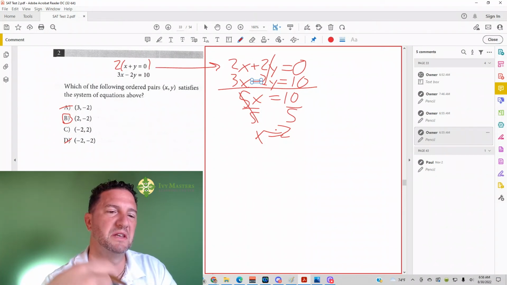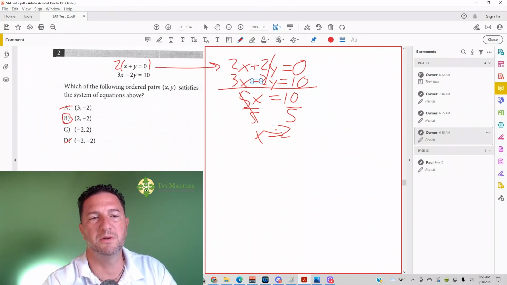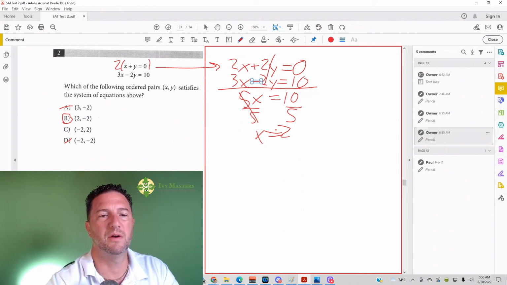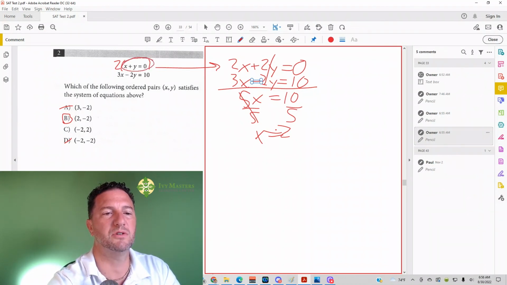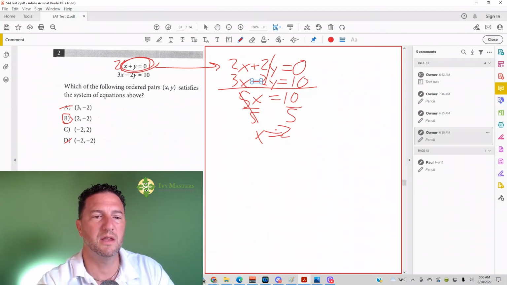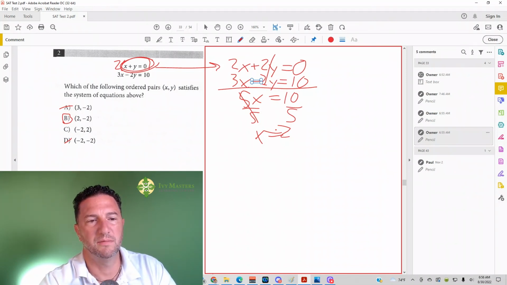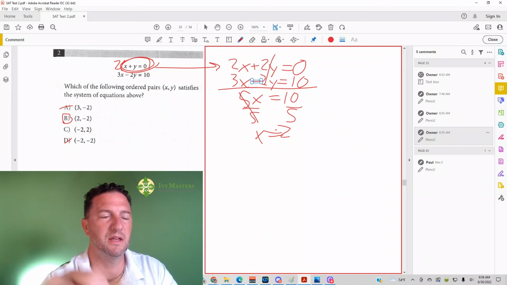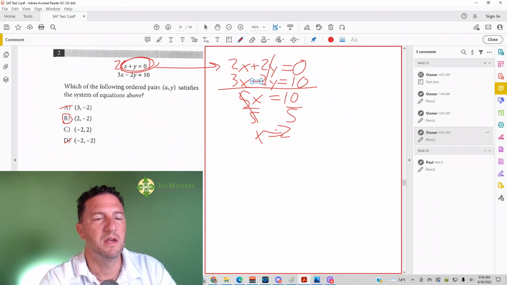And I'm done. Now, if I were to substitute, then what I would have is taking the original here. I could either subtract x from both sides and have y equals negative x, or subtract y from both sides and say x equals negative y. But again, when you're substituting, the one you isolate is the one you eliminate.